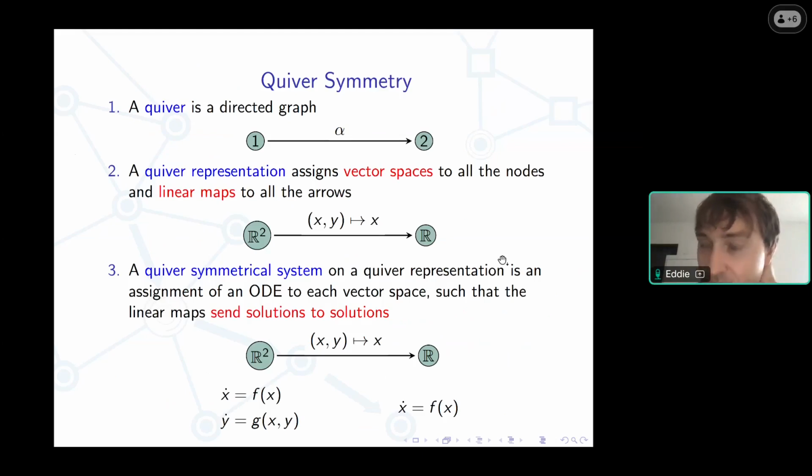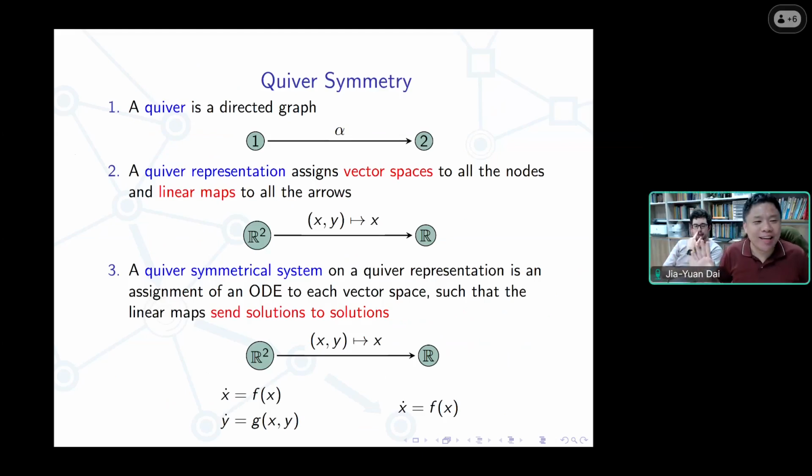We cannot assign vector spaces arbitrarily, or I think that's only if the ODE at the source and the target is the same. But you could have this situation where there is one ODE and another ODE which is the same in the first component, but strictly speaking is a different ODE, but they are all flow invariant in their own ODE. What do you mean flow invariant?